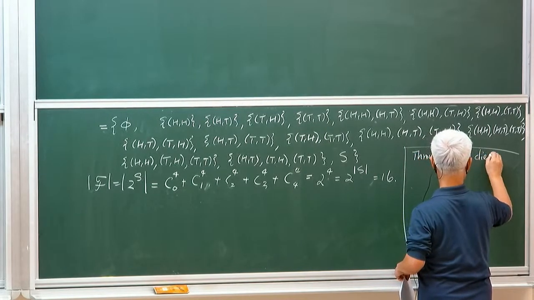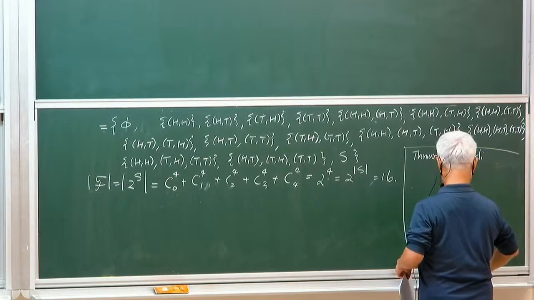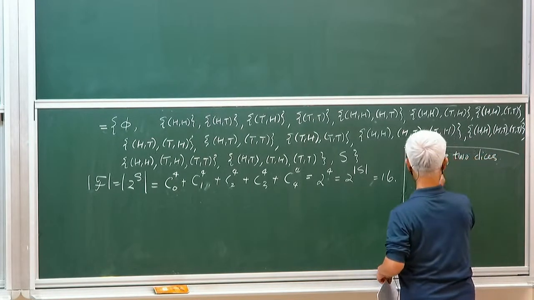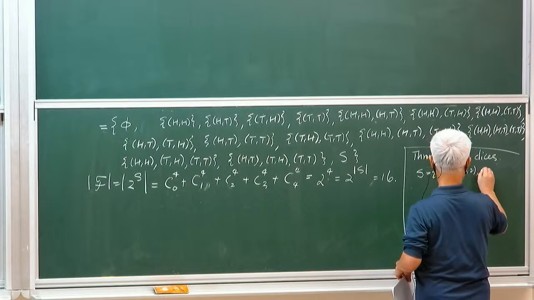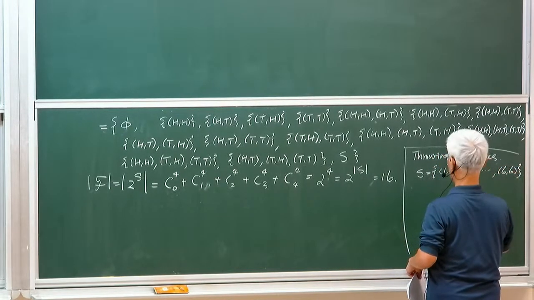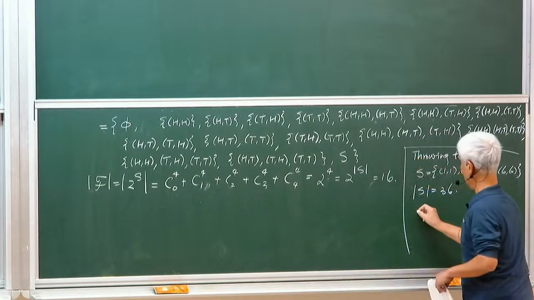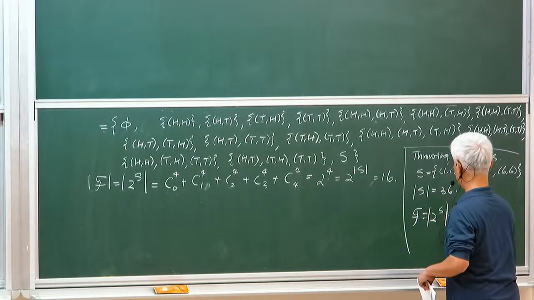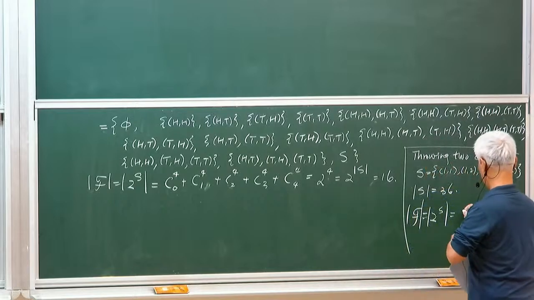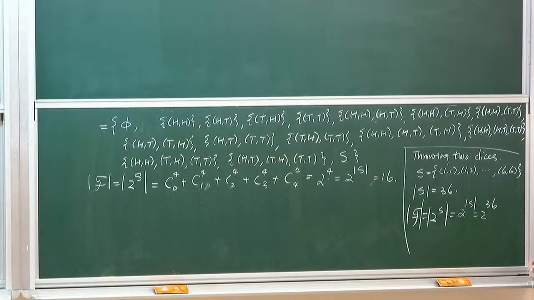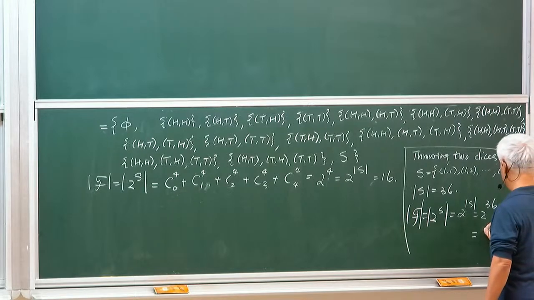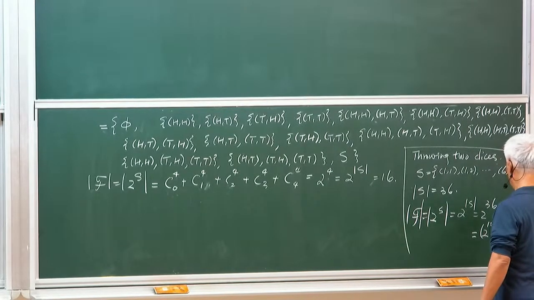So if you throw 2 dice, the size of the sample space is 36, and the power set has 2 to the 36 power elements.